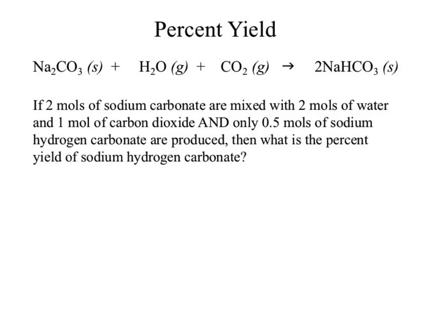So, we went through and did this top question. 2 moles of sodium hydrogen carbonate or sodium carbonate are mixed with 2 moles of water and 1 mole of carbon dioxide. How much sodium hydrogen carbonate could theoretically have been produced? 2. Where'd you come up with that number? It was literally the one we just did the math on. So we could switch this question around and say 0.5 moles.